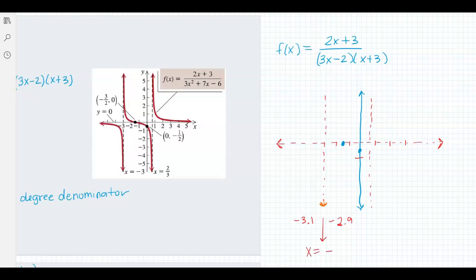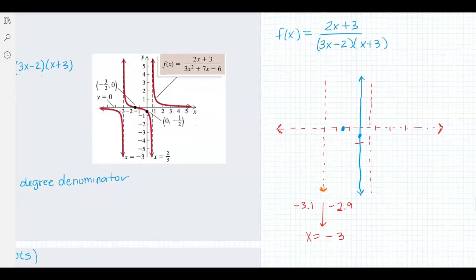X equals negative 3. And what I'm going to do is look at the original, and all I want to know is whether I'm getting something positive or something negative. When I plug negative 3.1 into that factored version, the factor on the top is going to end up being like negative 6 plus 3. So the top is going to be a negative number.